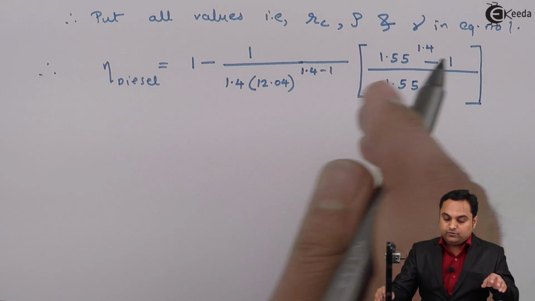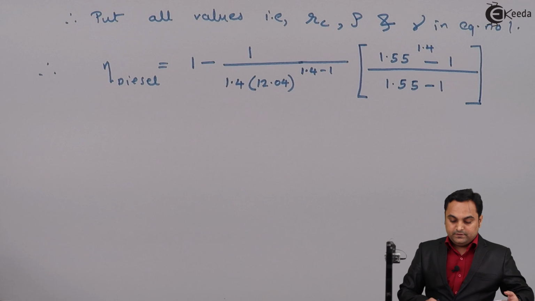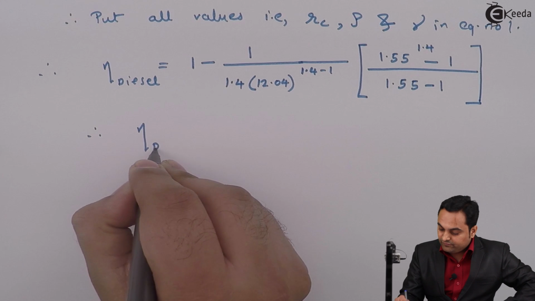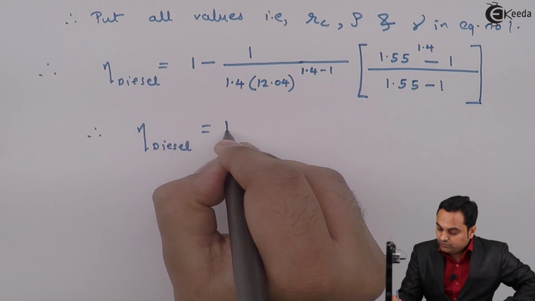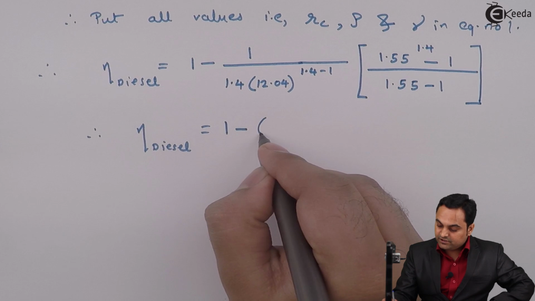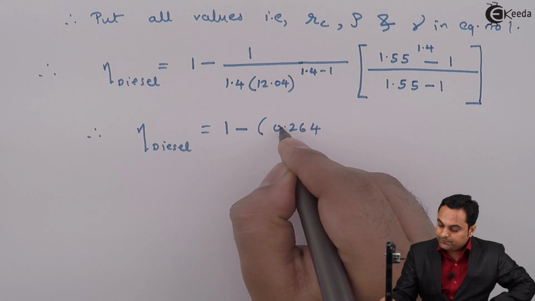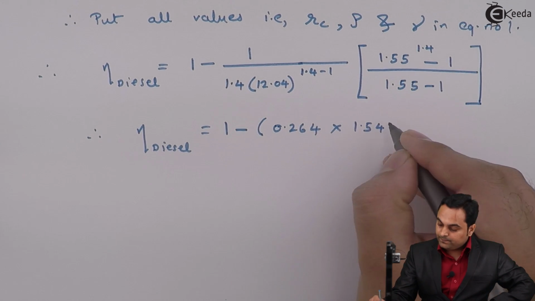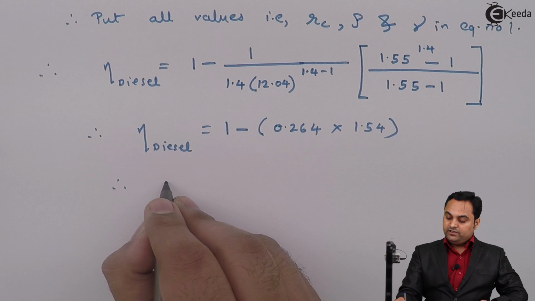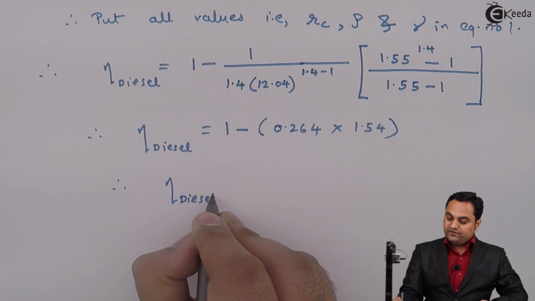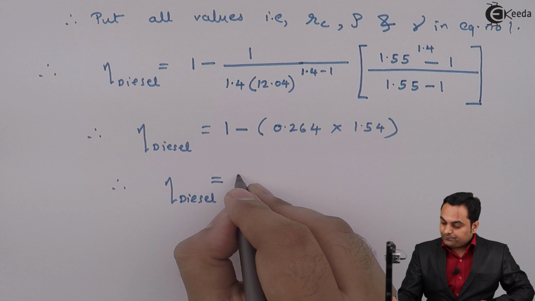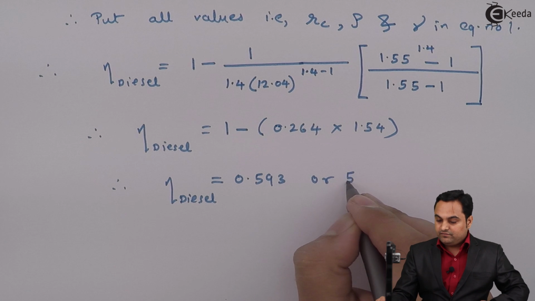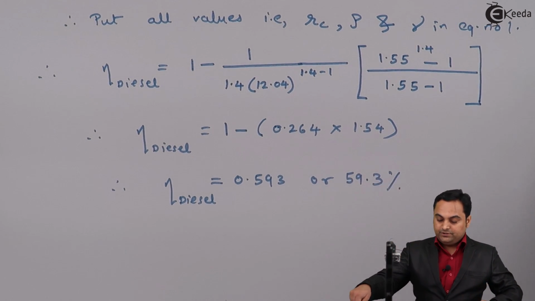Hence, on calculating this entire term, first of all, the efficiency of diesel cycle will be equal to 1 minus, now this first term is 0.264 into the term in the bracket, this one is 1.54. So from this, if I calculate, I'll get the answer of efficiency of diesel cycle, which comes out to be 0.593, and if I multiply it by 100, my answer will be 59.3%.